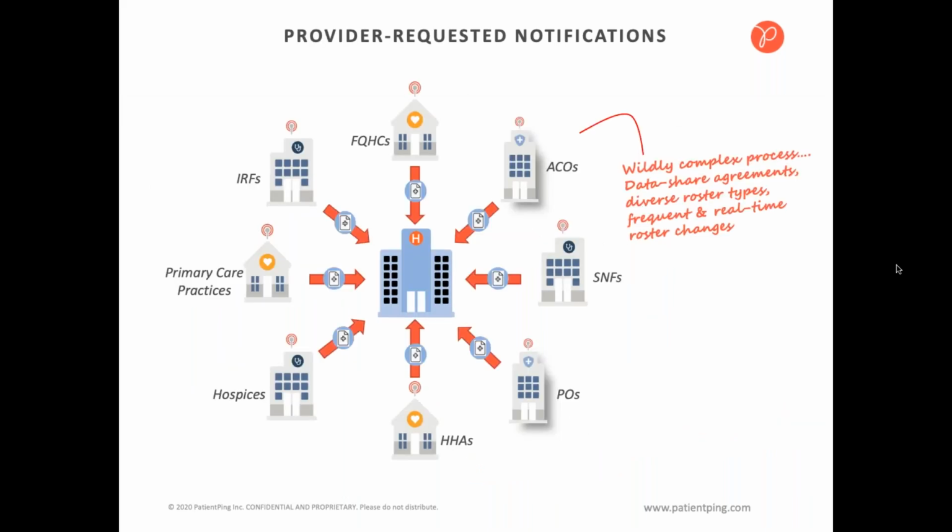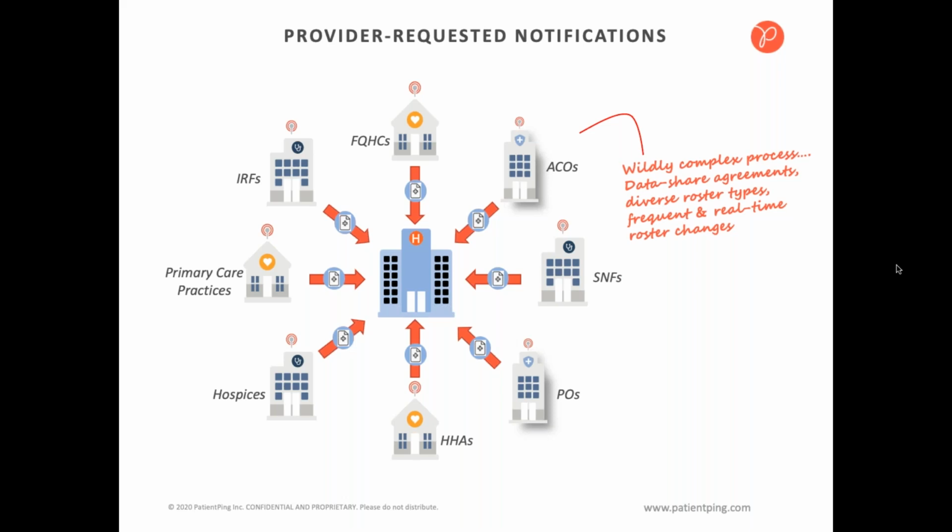For the second capability, the provider requested notifications, hospitals will need the ability to respond to the request from many different types of community providers, as we discussed. Managing and fulfilling these requests can again be accomplished by the hospital directly or through an intermediary.